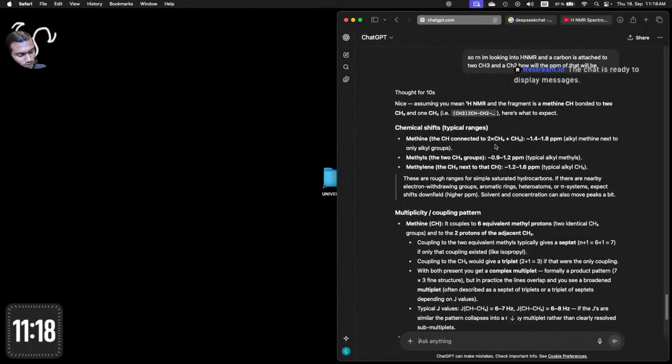It's gonna be a 7 split, or it's gonna be more than 7 because it's connected to adjacent, so 2, 6, 9. It's gonna show 9 because it's got 8 plus 1. Yep.